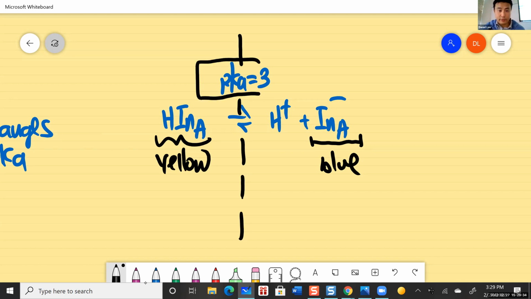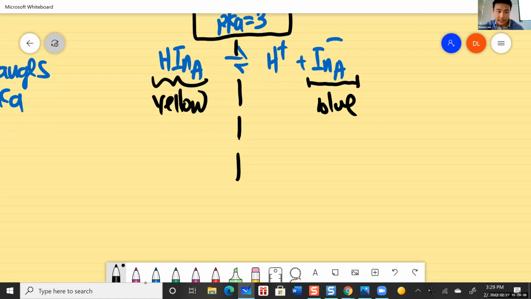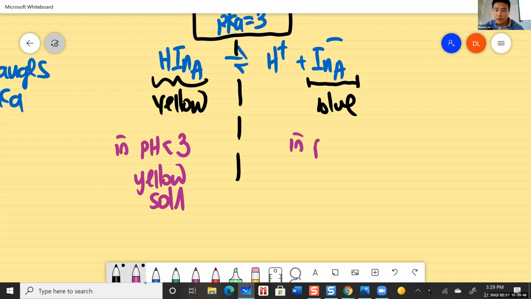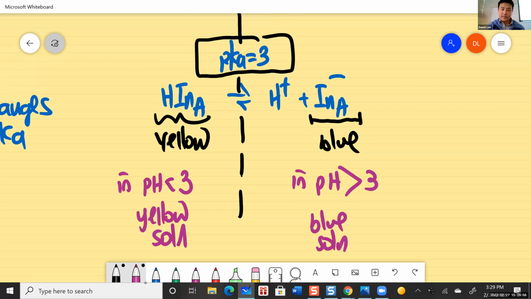It changes color at 3. The pKa is where it changes color. So in a medium where pH is less than 3, you're going to have a yellow solution. If the pH is now greater than the pKa, which is 3, it's going to turn blue. So 3 is the indicator's color change pH.